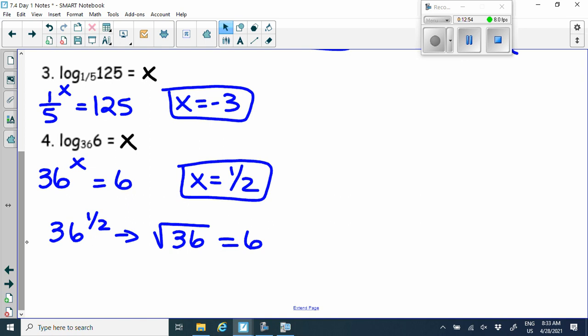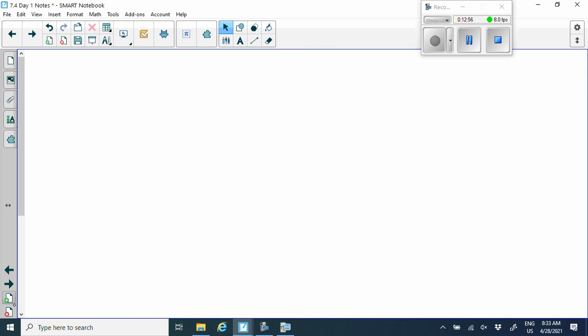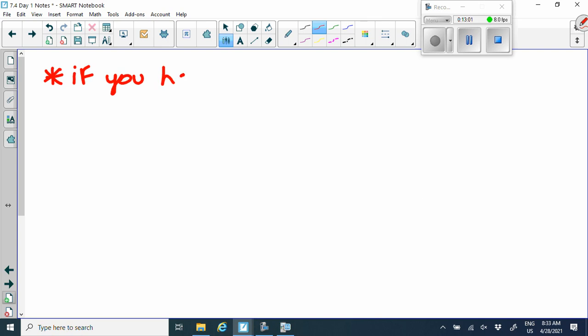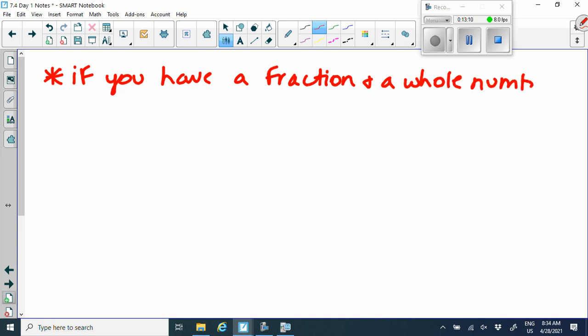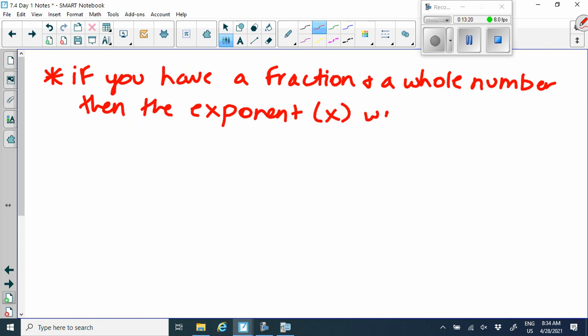So we might want to write some of this stuff down to kind of help you out. So if you have a fraction and a whole number, then the exponent, which is going to be x, will be negative. And so that can either be you're going from a fraction to a whole number or a whole number to a fraction.